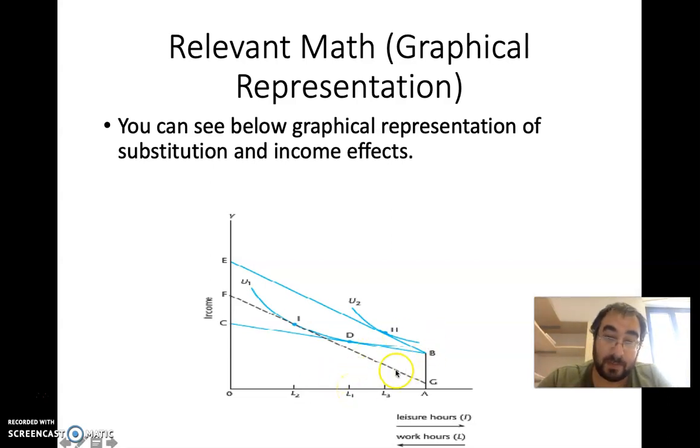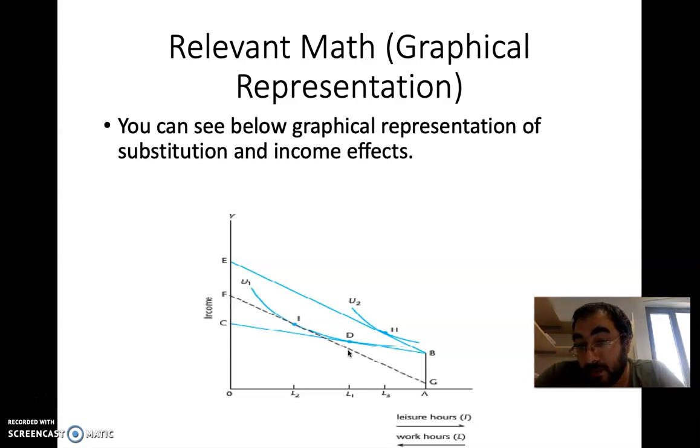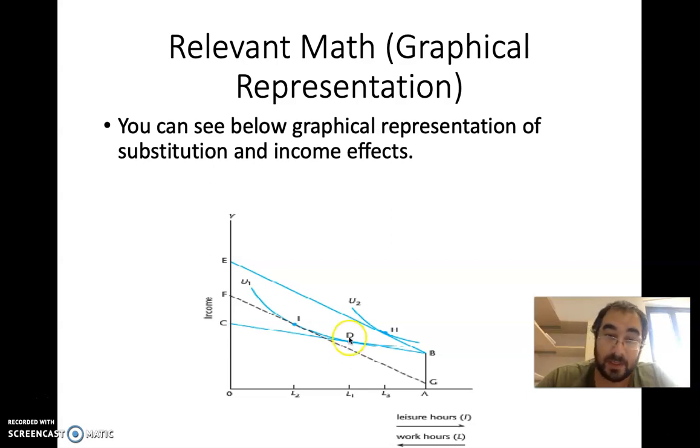So in other words, we are here, this is our new budget line. When we work the same amount, we will have less income and the same leisure. But if we have less income and the same leisure, our income is more valuable in that case. So we will rather decrease our leisure time and increase our income.